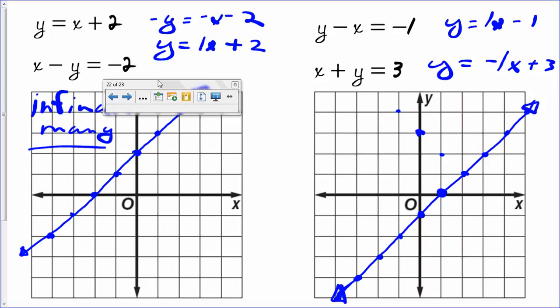Did I run into the other line? Okay, so what's that point going right there gonna be? 2 and that's your solution right there. Pretty easy, yeah.